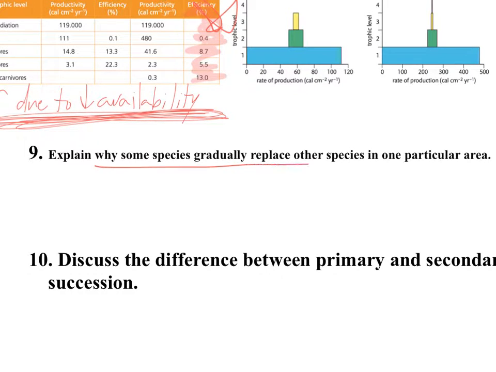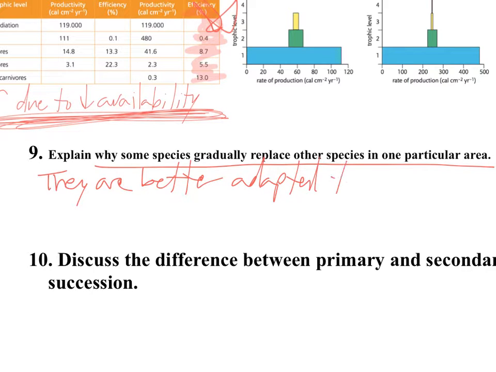Some species gradually replace others because they're better adapted to changes that are occurring in the environment or in the ecosystem.